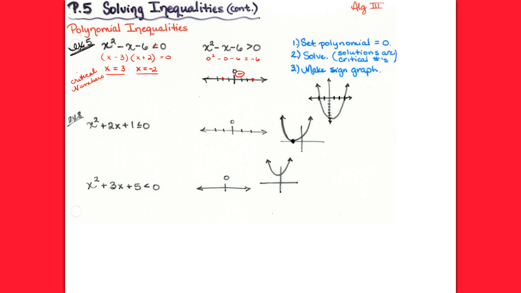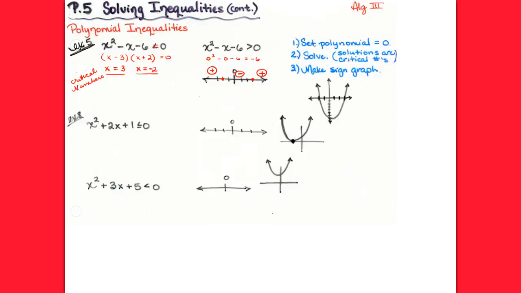So if one value plugged in gave me a positive value, then any value that I plugged in that interval would be positive. I could do the same thing, come over here to this interval from -infinity to -2 and pick anything I want, -3, -4, -27, whatever you want to choose, and plug it in. And when I do, I'll get a positive value. And so I've created my sign graph.